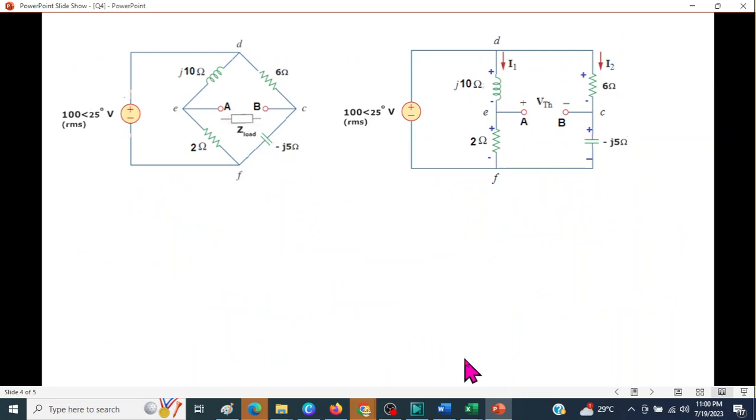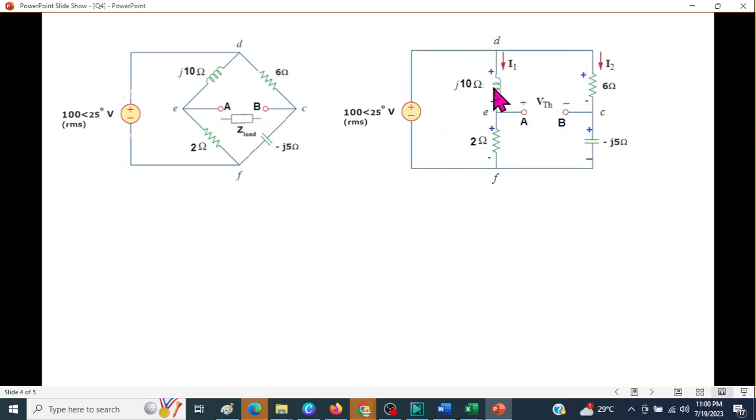Now let's find V Thevenin. We have just redrawn this circuit in a manner which looks more convenient. We have also added two currents, I1 and I2. By solving either of the loops, upper or lower, we can find V Thevenin. But first, let's find the currents I1 and I2. I1 is very simple.